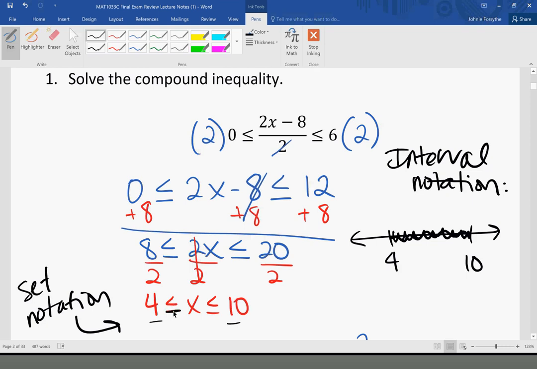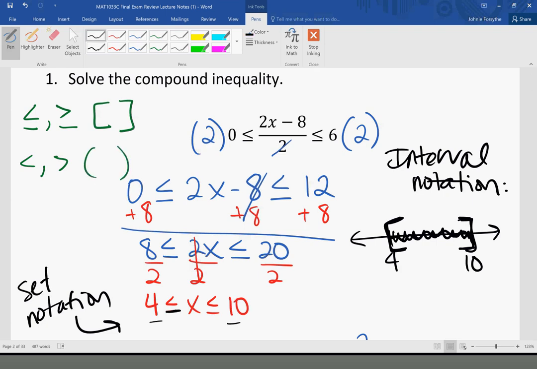Because it's less than or equal to, we're going to use a bracket, and because this is less than or equal to, we're going to use a bracket. Remember, if it is less than or equal to or greater than or equal to, we use a bracket. If it's just less than or greater than, we use parentheses.